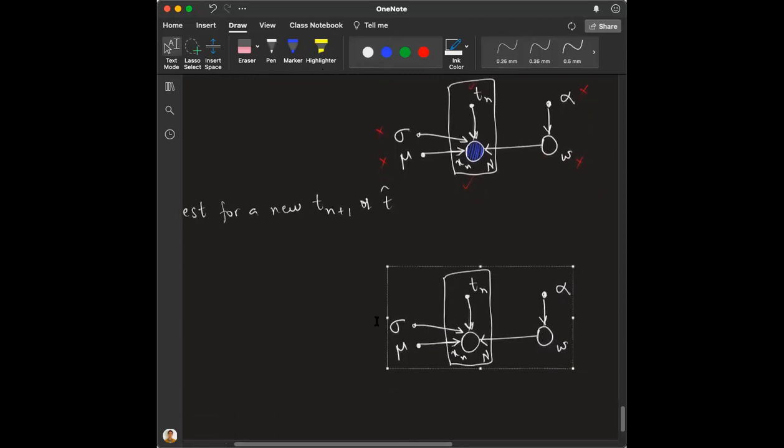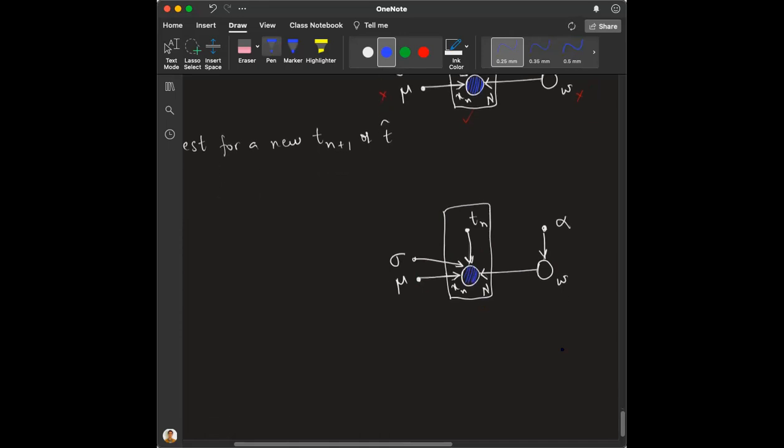This is all training data, this was known. Now we have got a new one. So during inference, what do you want to estimate?